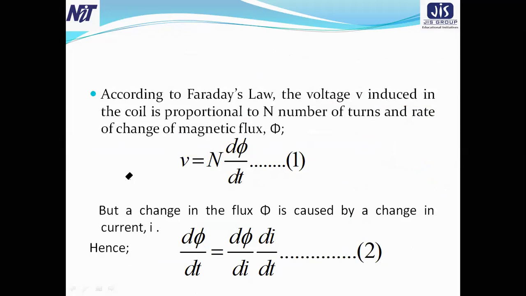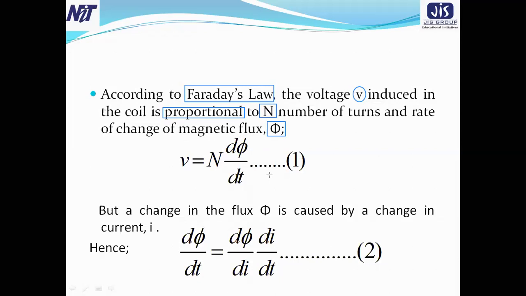According to Faraday's law, if we consider the voltage to be V, mark the important lines: the voltage induced in the coil is proportional to N, the number of turns, and the rate of change of magnetic flux phi. Look very carefully.